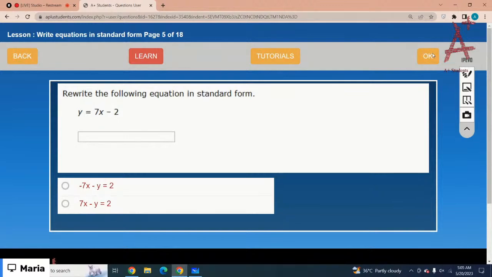So which is the correct option? Move 7x to the other side, so it would be 7x minus y equals 2. Option number 2 is the correct option.